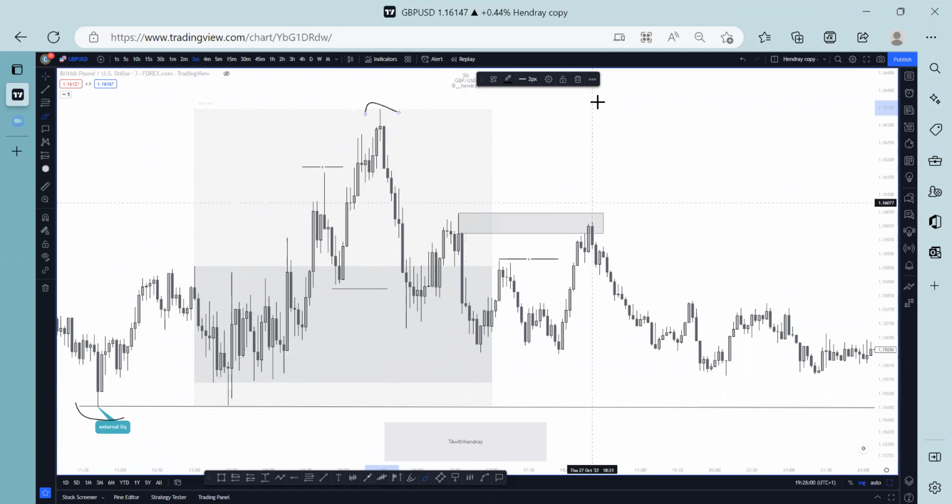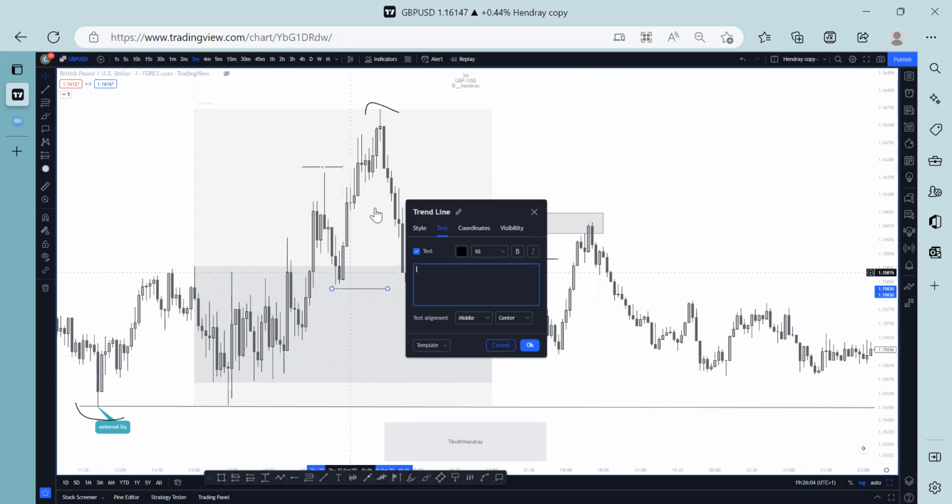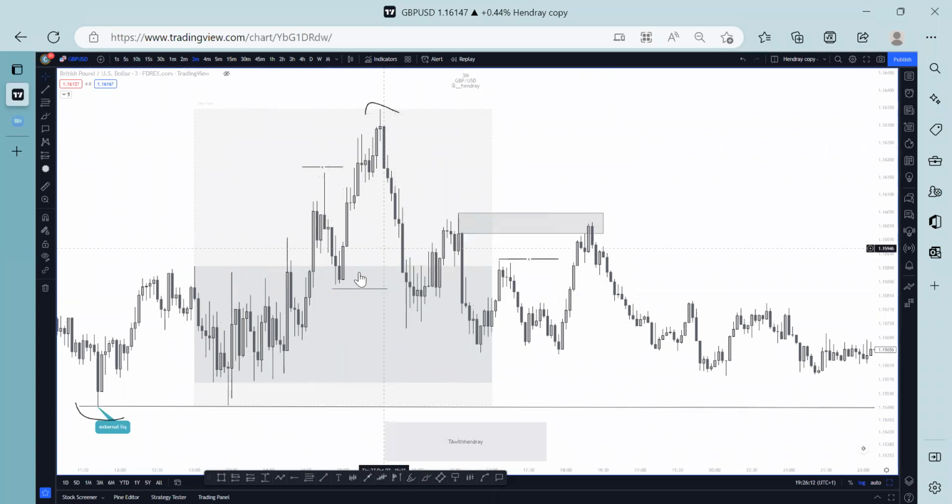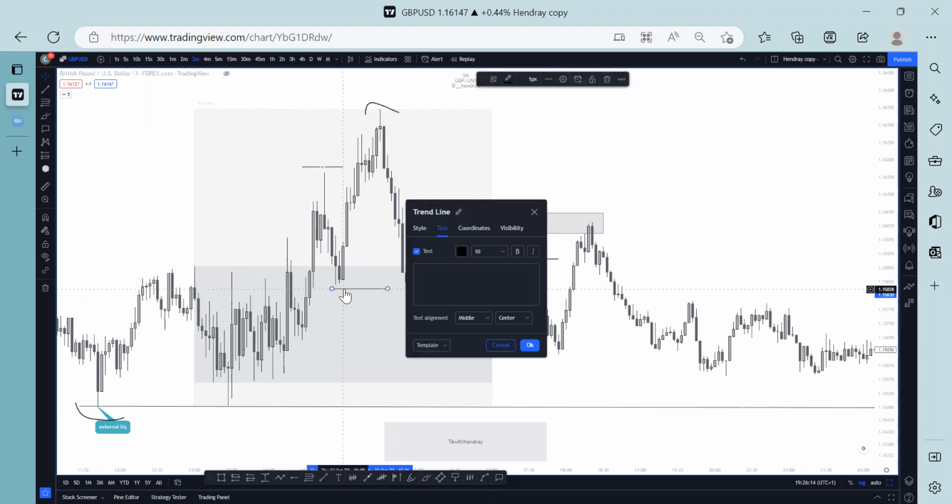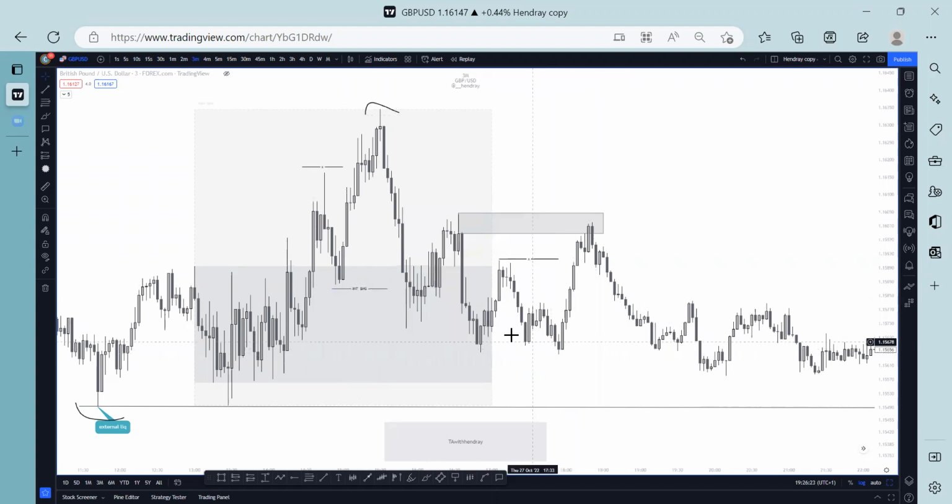Everything inside, that is your structure range based on what we treated. So everything inside the structure range around that area is internal structure. So the break of this low is internal structure BMS.